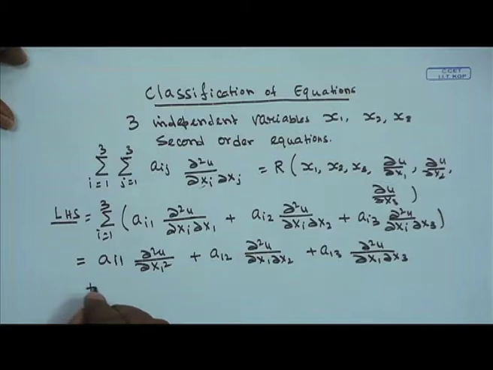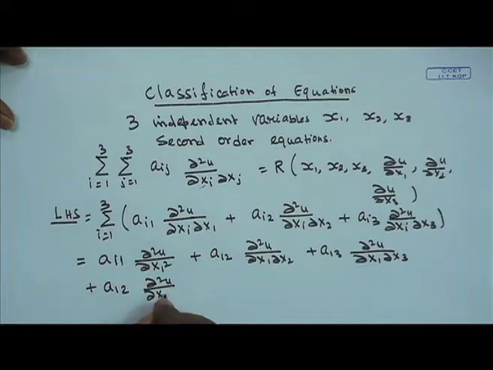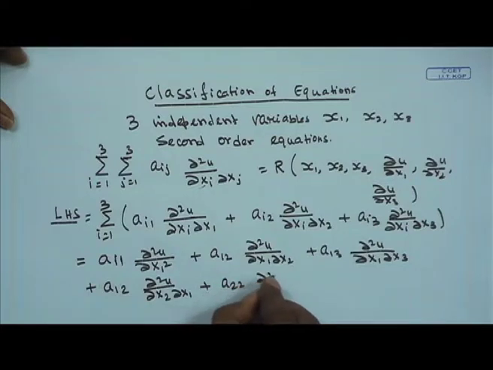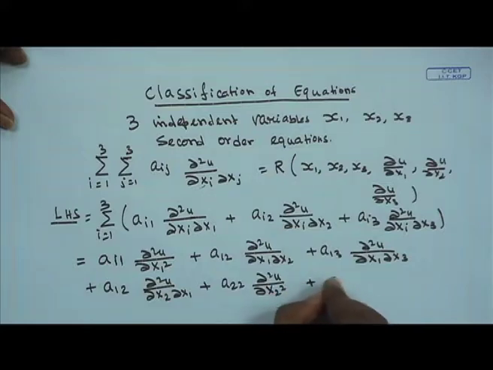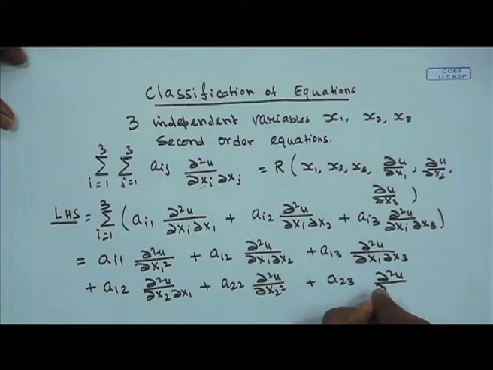Next term will be a21 del square u del x2 del x1 plus a22 del square u del x2 square plus a23 del square u del x2 del x3.